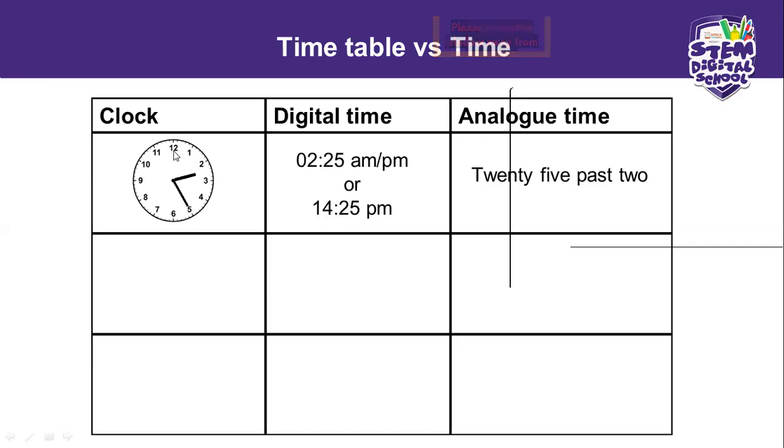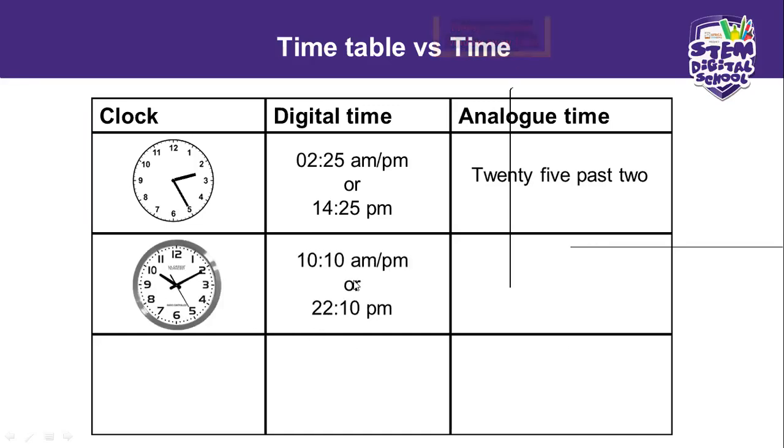So from 12, then you start adding 13, 14 to show that it is PM. So that is why there we've got 14:25. But like we saw previously, you can still write it as 2:25, but specifically say, is it in the morning or is it in the afternoon? Okay, that's just a quick revision from yesterday.